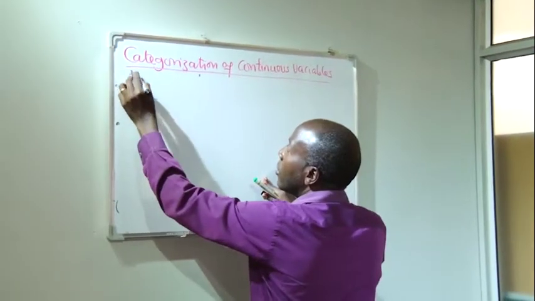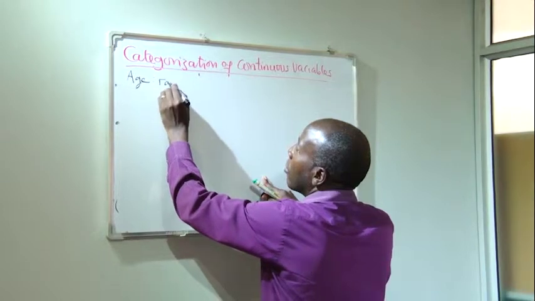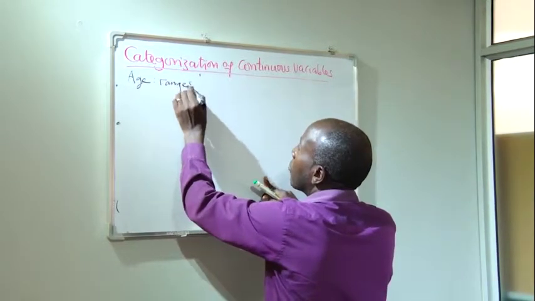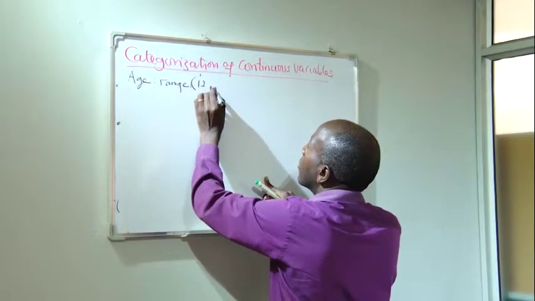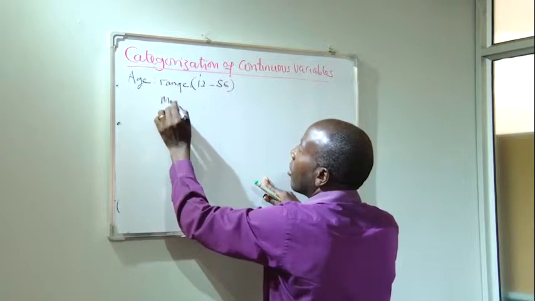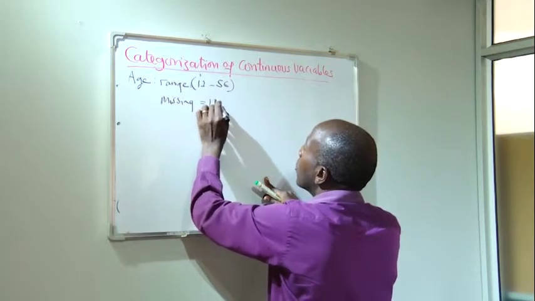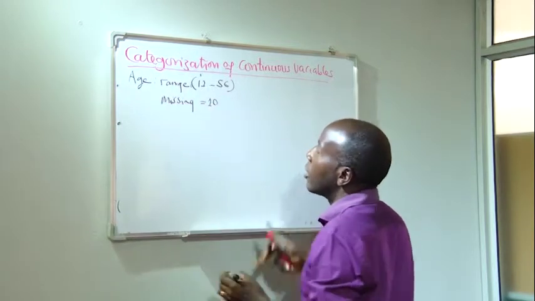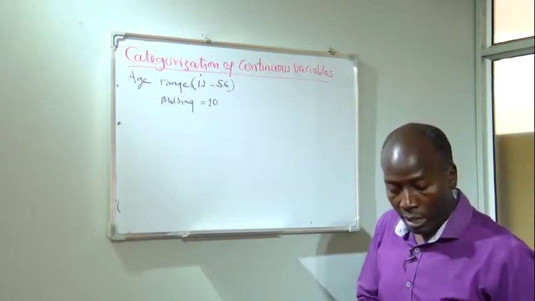We have age, and this is a variable. The range is 13 to 56, and we have observations that are missing equal to 10. So 10 people are missing age. So we want to create categories. And I'm going to use green for starter commands.